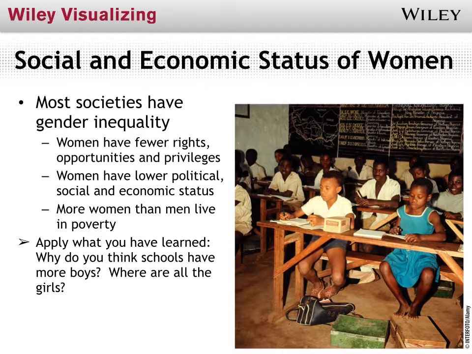They're dependent on marrying someone who can provide for them, and in return they're expected to have children and run the household. So it's typical worldwide that more women than men tend to live in poverty because of all of these issues that again are typical of a lot of developing countries.